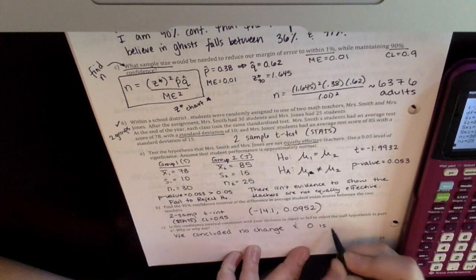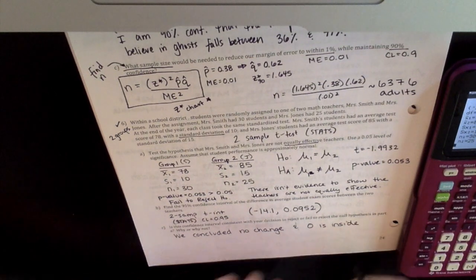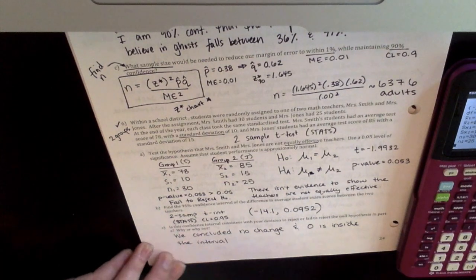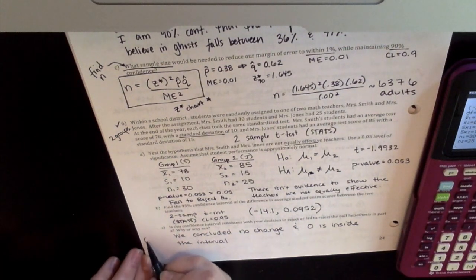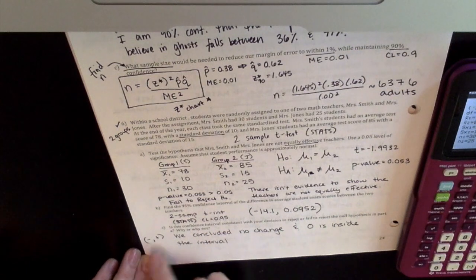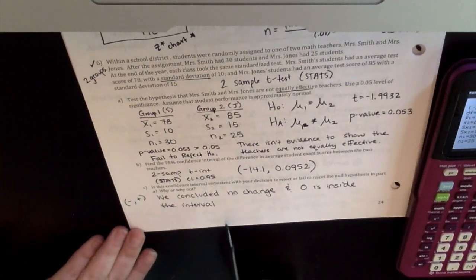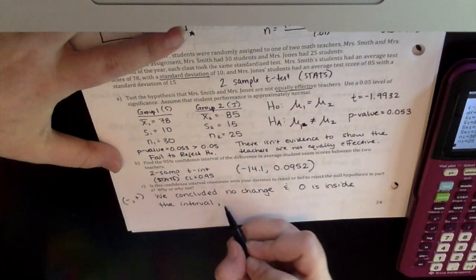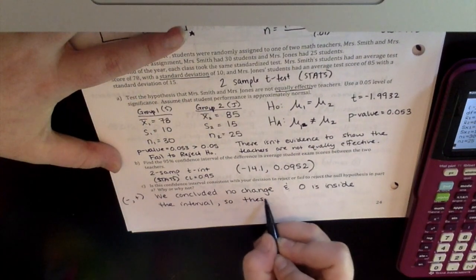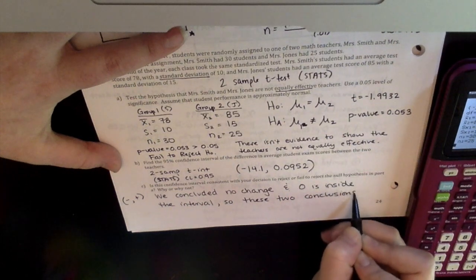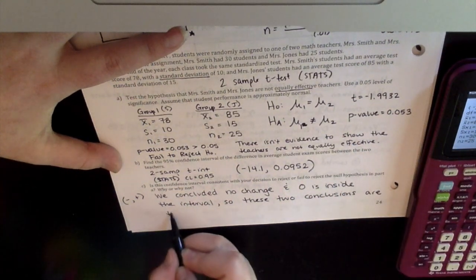And 0 is inside the interval. Remember, this interval goes from negative to positive, which means 0 is inside of it, no matter what, okay? So we concluded no change and 0 is inside the interval. So these two conclusions are the same.